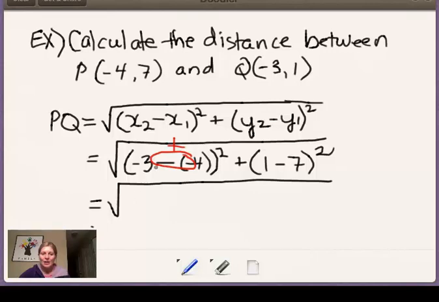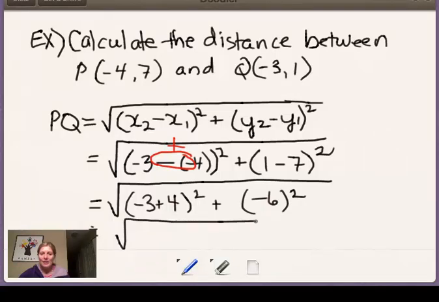There we go. So this inside my bracket is now going to become -3 plus 4 squared. And this inside my bracket, I could do the math right away because there's only one operation going on. 1 minus 7 is -6 squared. Good. Okay, keep going. So now I've got -3 plus 4 squared. -3 plus 4, of course, is 1. And 1 squared is 1.